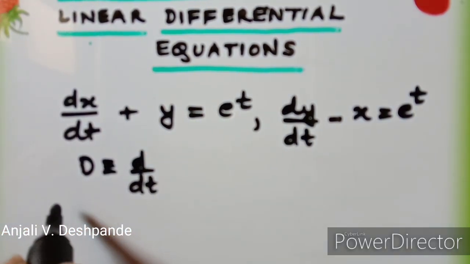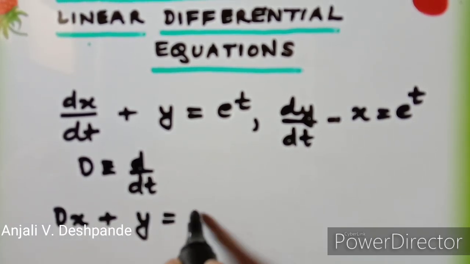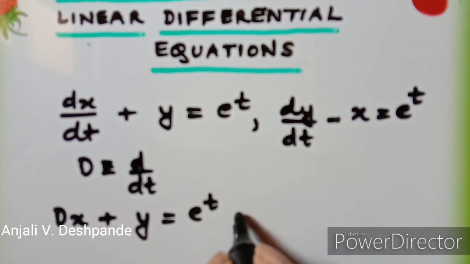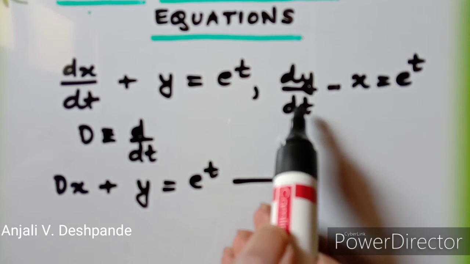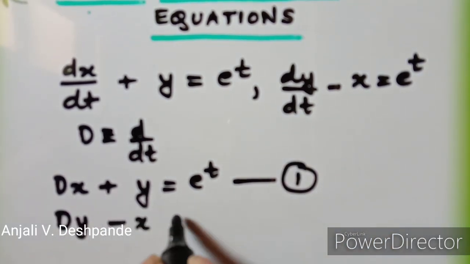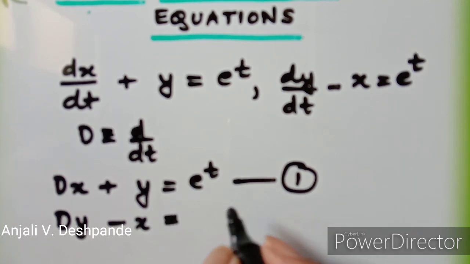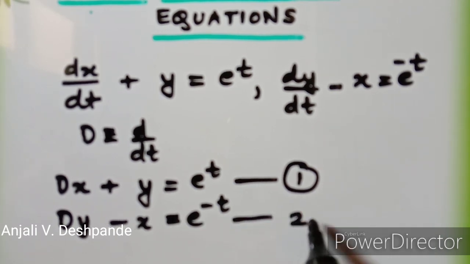So we will rewrite the equation like this: Dx plus y is equal to e raised to t, and we will call this equation 1. And then the second equation we will write as Dy minus x is equal to e raised to minus t. Here it should be e raised to minus t. Okay, now this equation we will call equation 2.